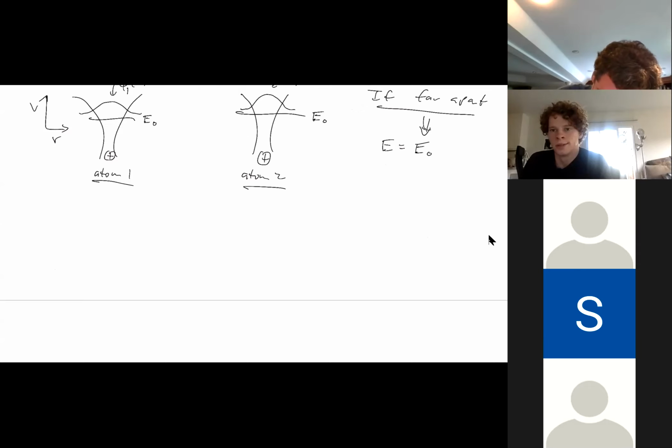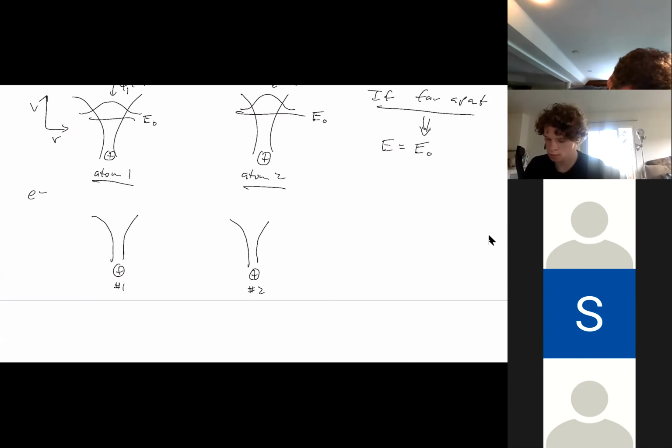Let's take the two nuclei, nucleus number 1 and nucleus number 2, and let's throw in an electron. We're only talking about one electron at a time.